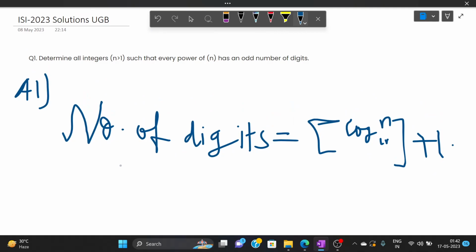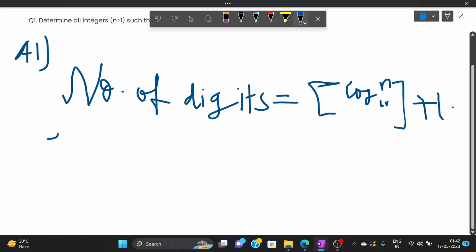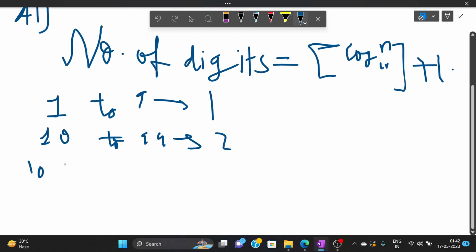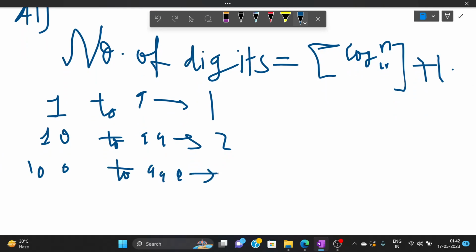Now, how do we derive this? So, we observe that between 1 to 9, each number has one digit. Between 10 to 99, each number has two digits. Between 100 to 999, each number has three digits.